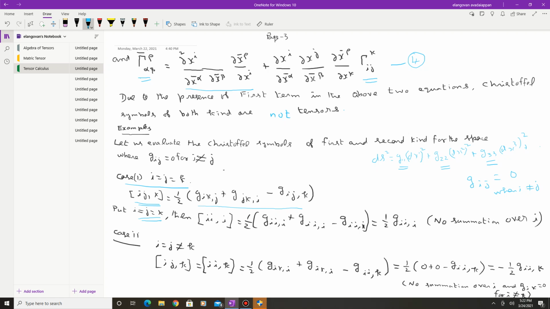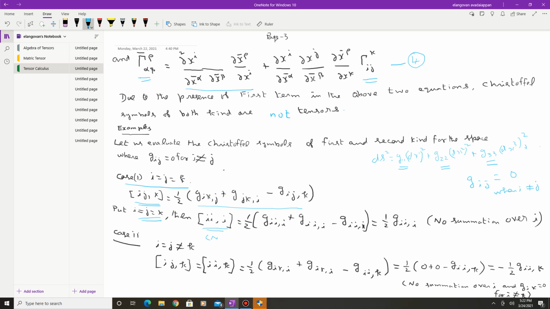Whenever you replace i equal to j equal to k, that means there is no summation. Originally we defined that whenever two indices are repeated, there is a summation, Einstein's summation, i runs from 1 to n. But now we are putting exact values, so i equal to j equal to k. Here [ii,i], there is no summation.